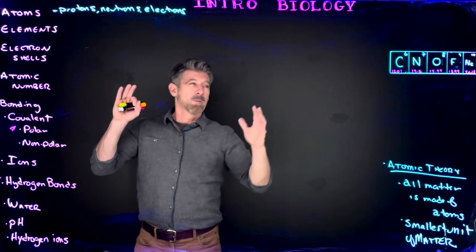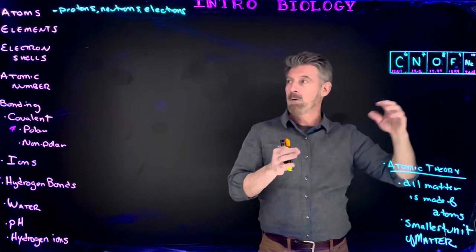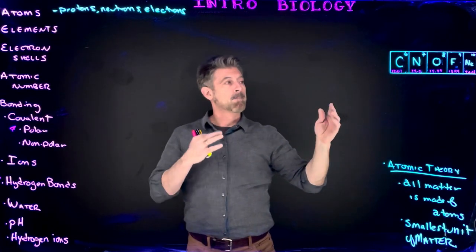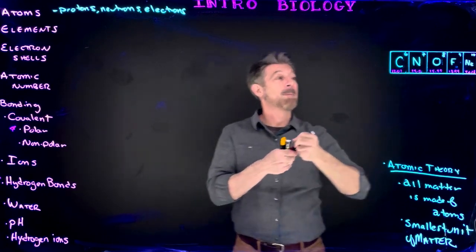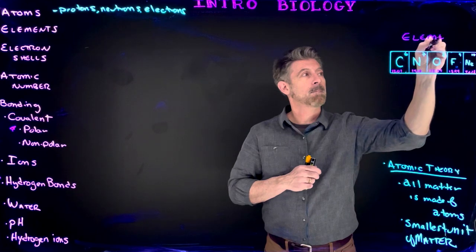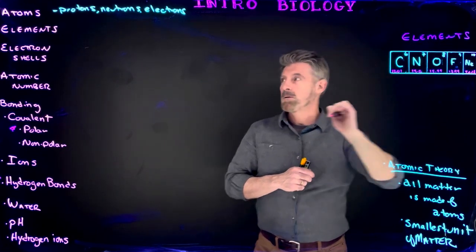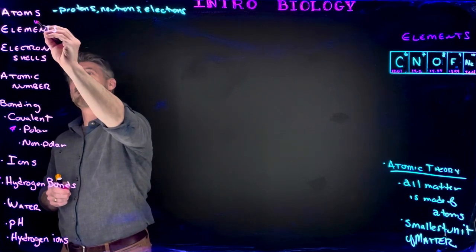So what about these things like carbon, nitrogen, oxygen, fluorine? What are those called? Right? Those are elements. So what's the difference between an atom and an element?